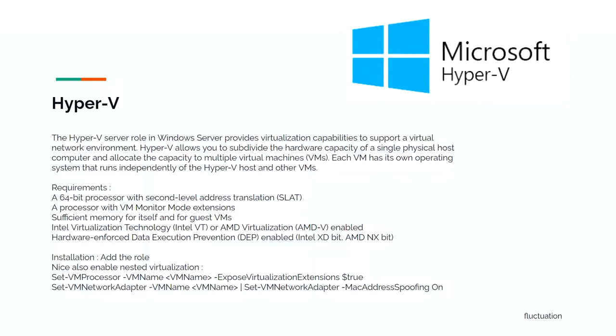So what are the requirements? If you want to install Hyper-V on Windows Server, you have two choices. Either you install it on a physical host. For example, you buy an IBM, Dell, or HP server, and you install Hyper-V.